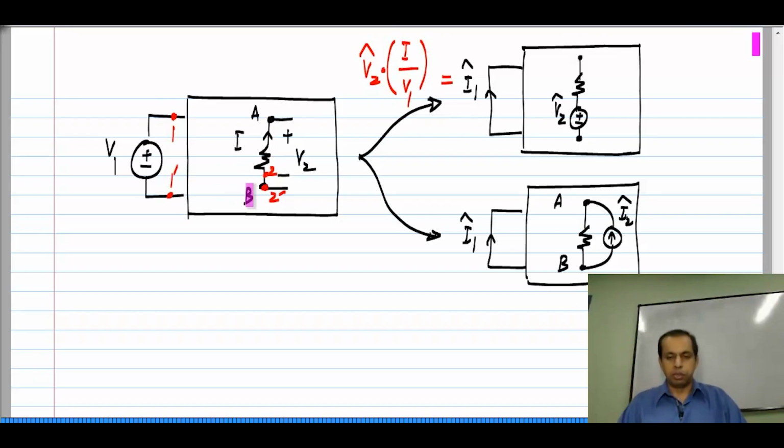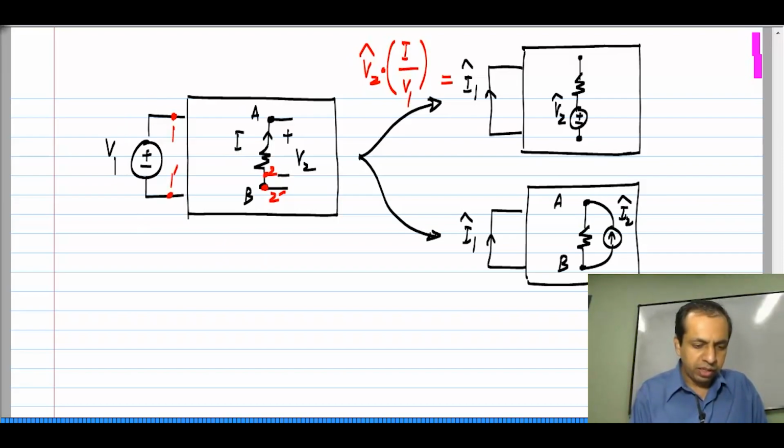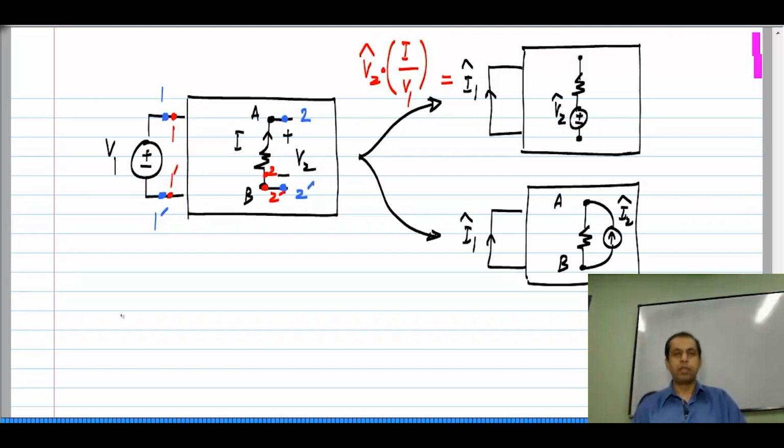Okay. Similarly, in this case I can relate this case to the original case by defining something else as the 2 ports. So, let me call this port 1, which is the same as before, and now between node A and B I define the second port 2.